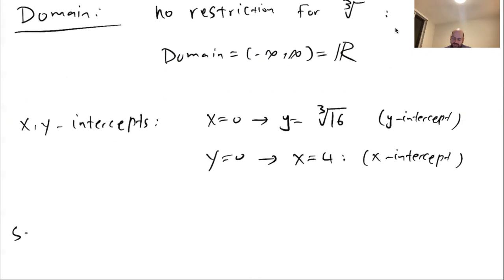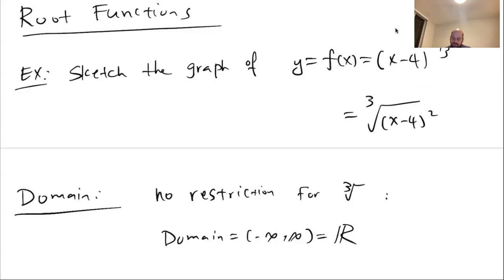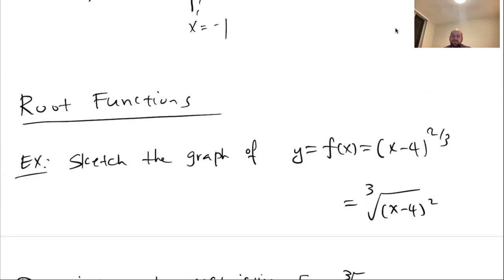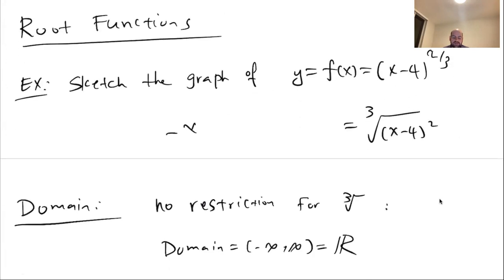Then for symmetry, again, there is no symmetry with respect to origin or y-axis. Why? Because if I replace x with minus x here, y will change, because (minus x minus 4) squared is not the same as (x minus 4) squared. If it was (minus x plus 4) the whole squared, this is the same as (x minus 4) the whole squared.